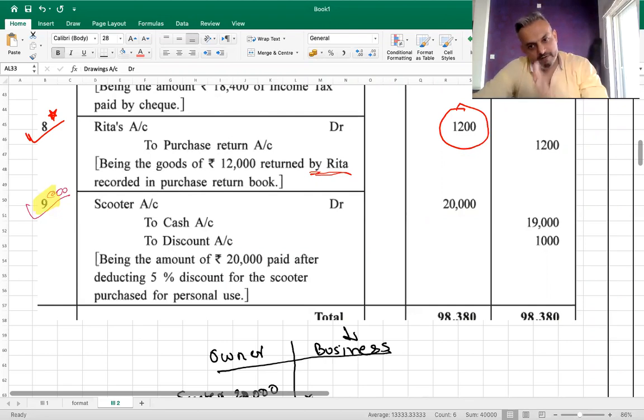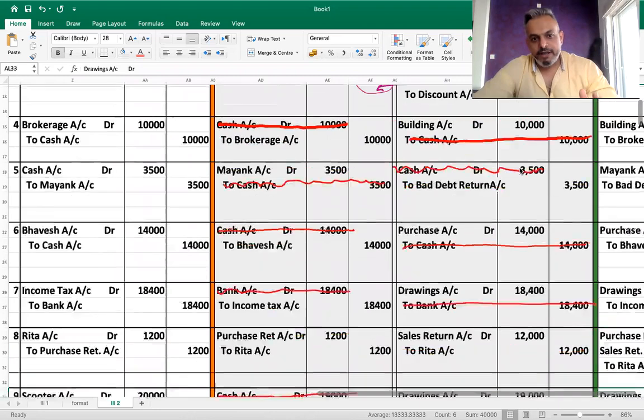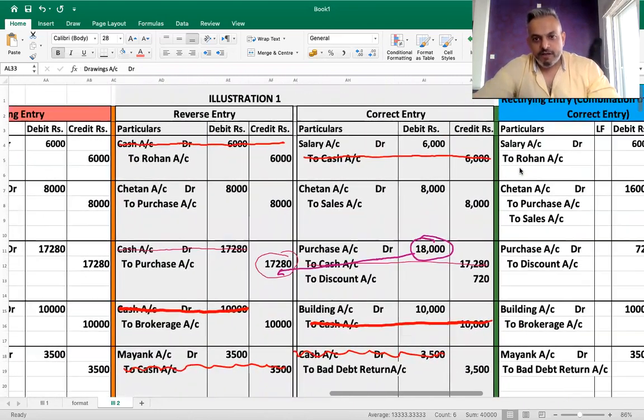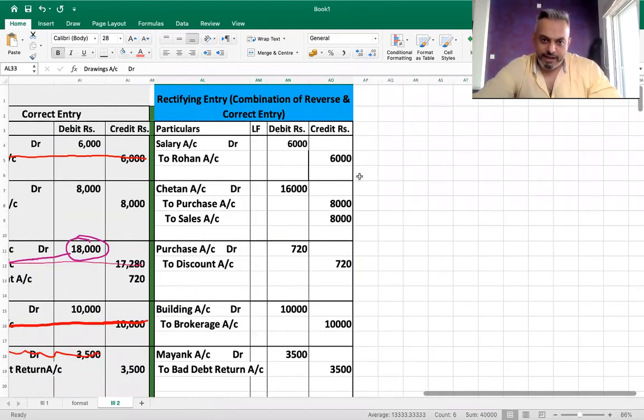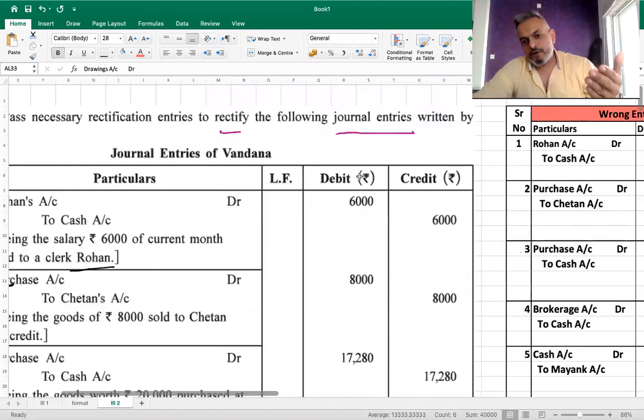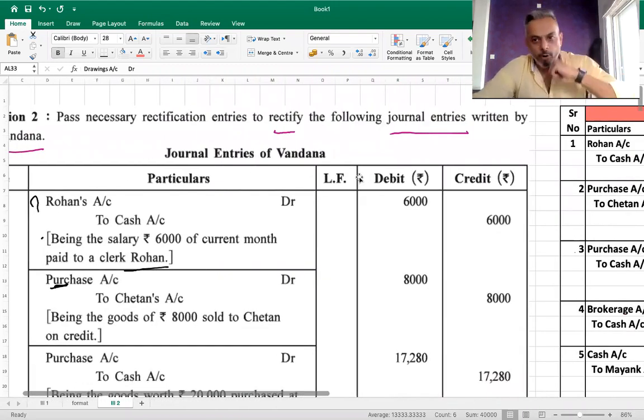Go stepwise, try to understand the concept, go properly: wrong, reverse, correct, and then rectifying. Then you go for the exercise sum. Although my lecture is there, I would like you to first solve it on your own, then watch the lecture and see whether you have done it correctly or not. If you have made some mistake, the explanations will be there. Got it?